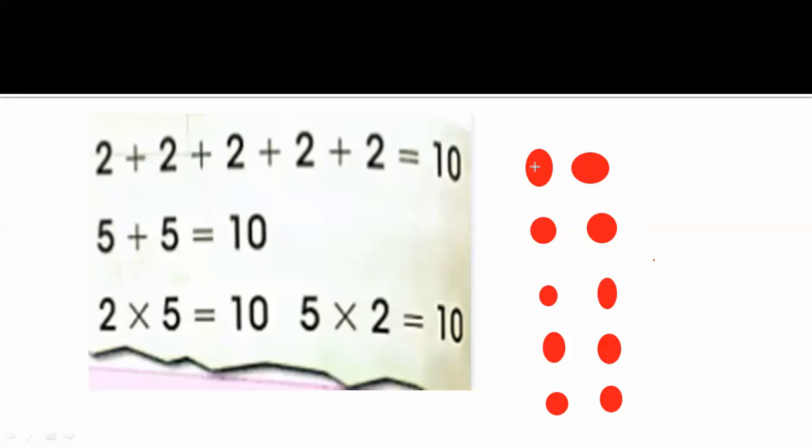So when you add them, 2 plus 2 plus 2 plus 2 plus 2, our answer is going to be 10. Or if you want to add them row-wise, 5 and 5, 10. So 2 multiplied by 5 equals 10, or 5 multiplied by 2 is also 10.